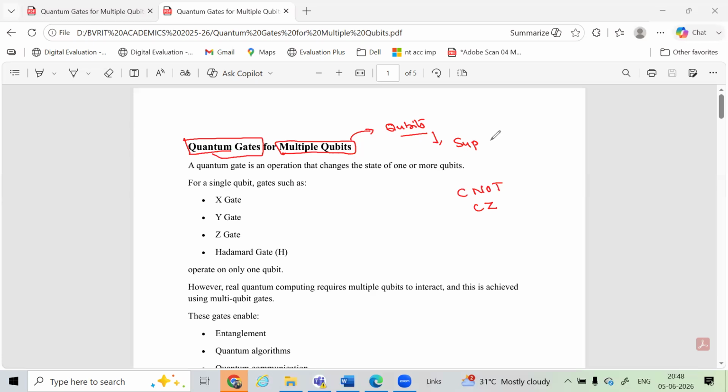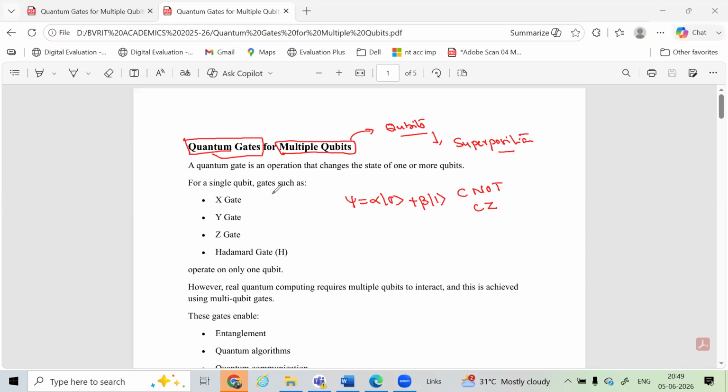That is, the information can be stored simultaneously in both states, which is not possible in a classical bit. That is represented using the superposition psi equals alpha state 0 plus beta state 1. This is the superposition for a single qubit, where alpha and beta are the amplitudes, and alpha square and beta square are called probabilities.